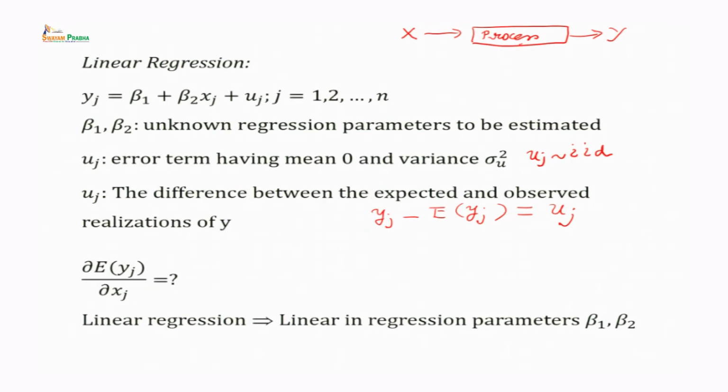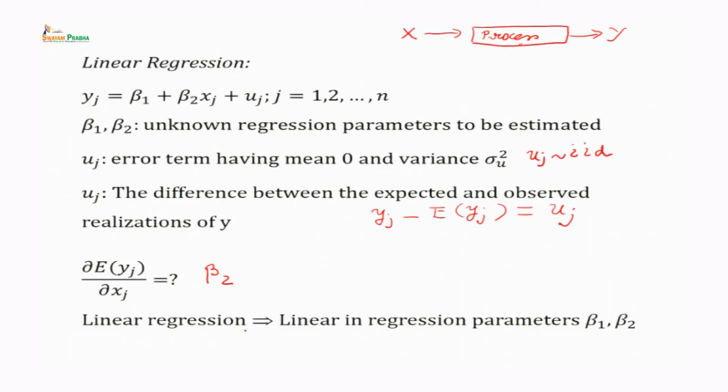Now, if you differentiate the expectation of y j with respect to x j, what do you get? It is very simple, you get beta 2. So, actually beta 2 is the rate of change in the expected value of y j with respect to x j, or the expected change in y for a unit change in x j. So, this is beta 2.